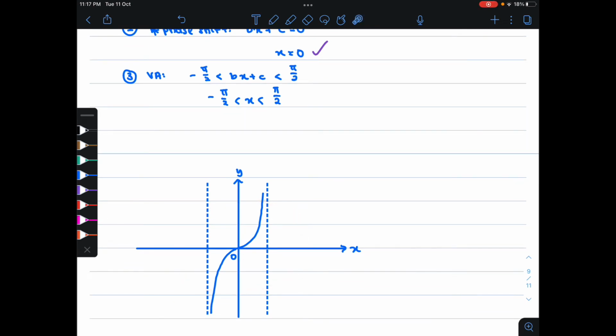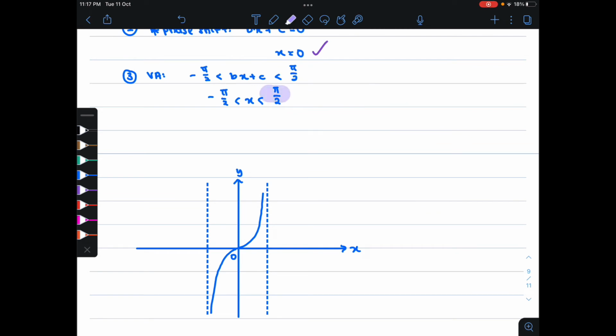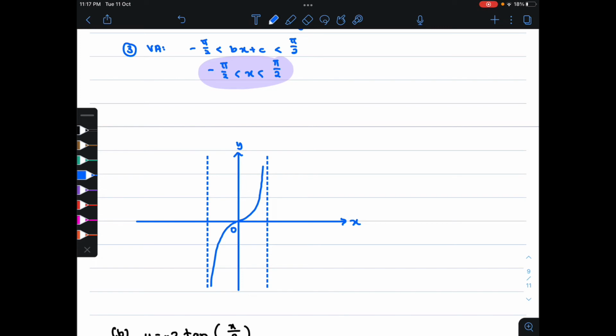But don't forget to label your vertical asymptote. The vertical asymptote is between negative pi over 2 and pi over 2. So the vertical asymptote will be here, which is negative pi over 2, and the other vertical asymptote is pi over 2, which is here.